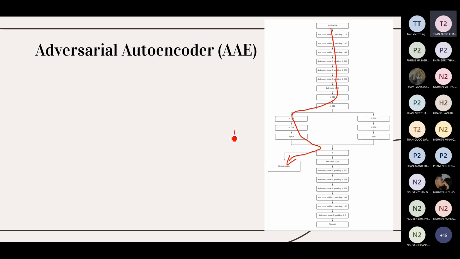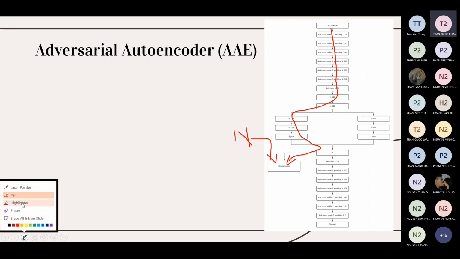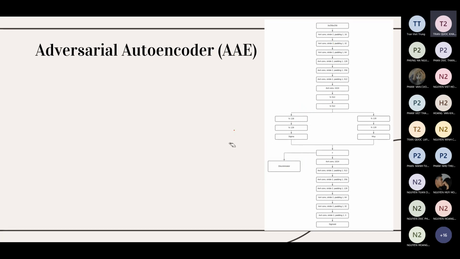We sample from the normal distribution and put it to the discriminator, and the discriminator will learn how to distinguish the real and the fake latent. And after that, we will train the encoder to output something that looks like the normal distribution.